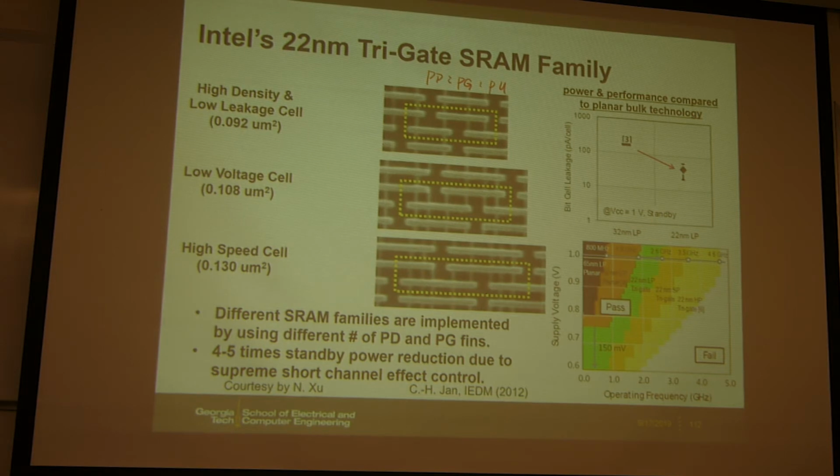For example, the first one. So where is the pull down? Where is the pass gate? Because this is a very regular layout, in the middle is the PMOS region, and it's the pull up.